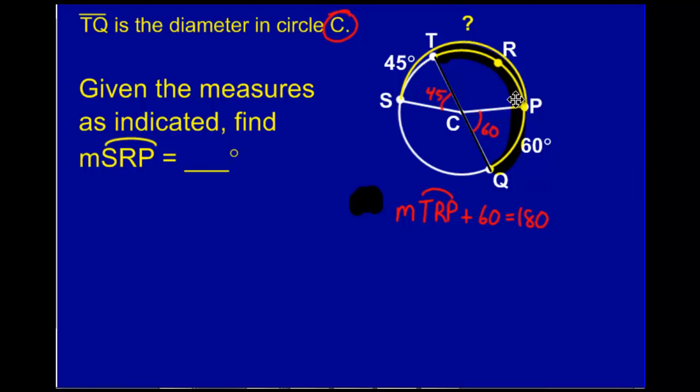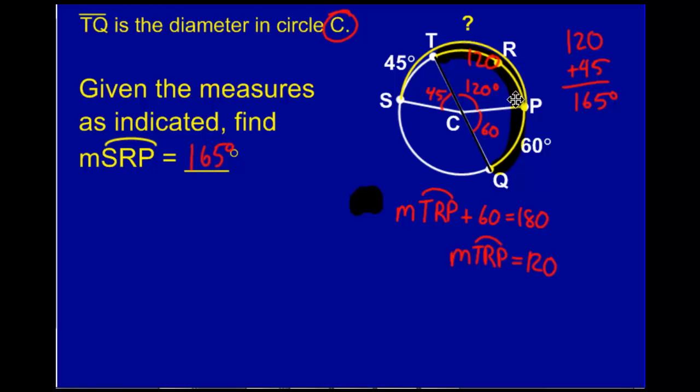When we subtract 60 from the measure of arc TRP, we get 120. So this arc is 120, and this angle is 120. What are we trying to find? 45 plus 120 equals 165 degrees. And there you go.